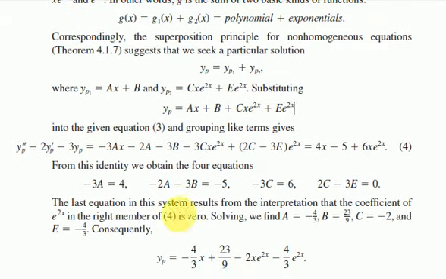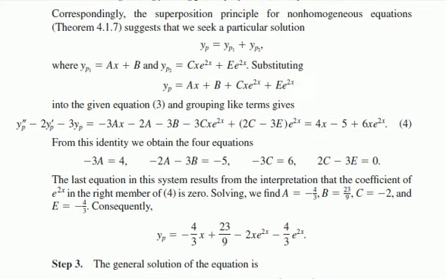Yp is equal to, as a is minus 4 by 3, minus 4 by 3 x plus b is 23 by 9, plus c x e raised to power 2x, c is minus 2 x e raised to power 2x, and capital E is minus 4 by 3, minus 4 by 3 into e raised to power 2x. Now we have found the particular solution.